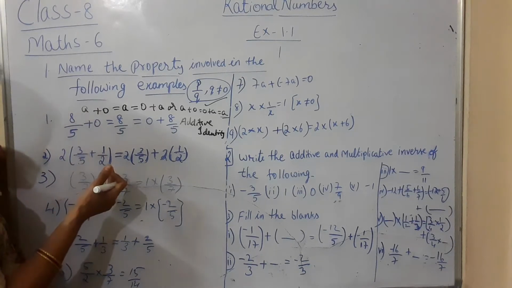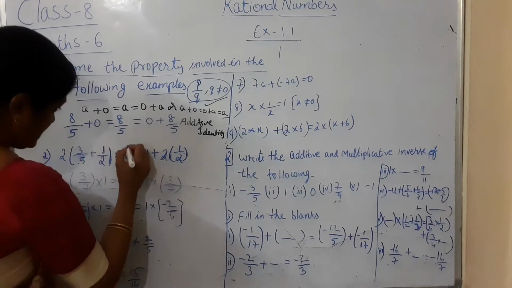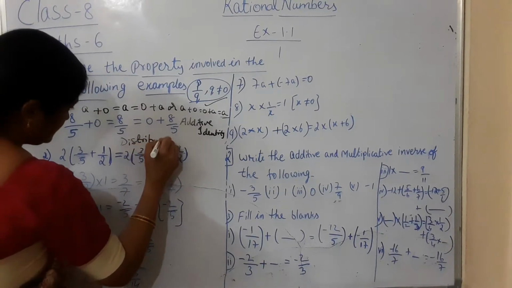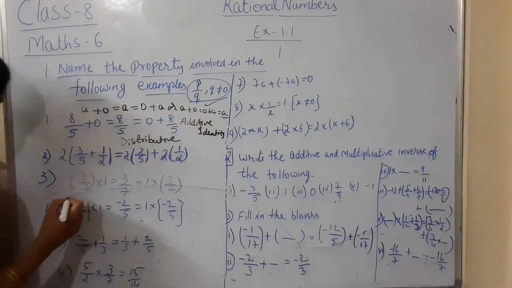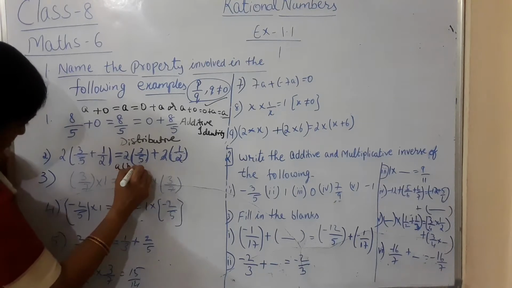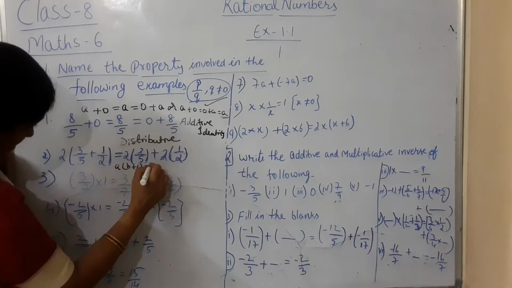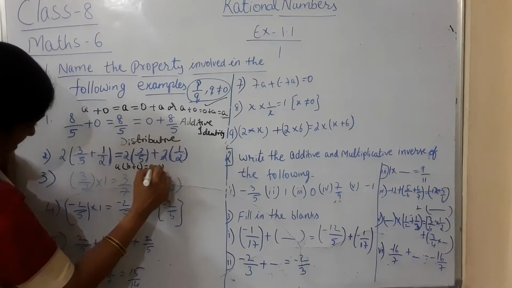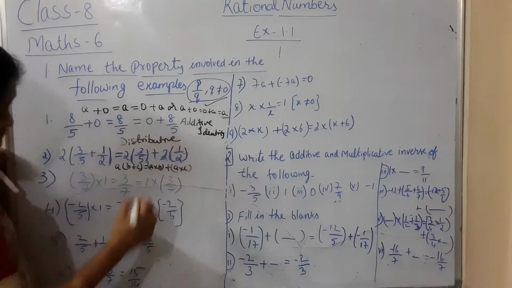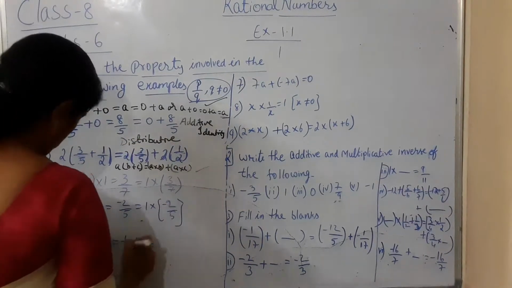So this is the distributive property over addition. In general, how do you write this? a into (b plus c) is equal to a into b plus a into c. Right? So this is the distributive property.